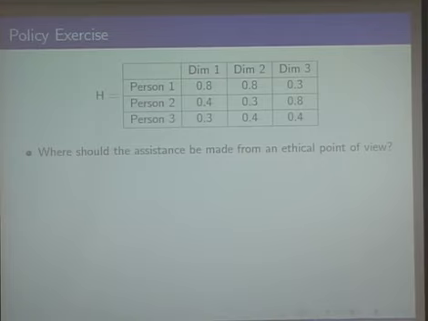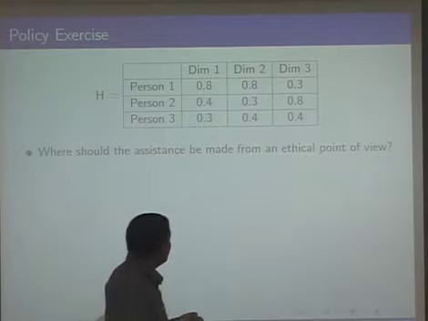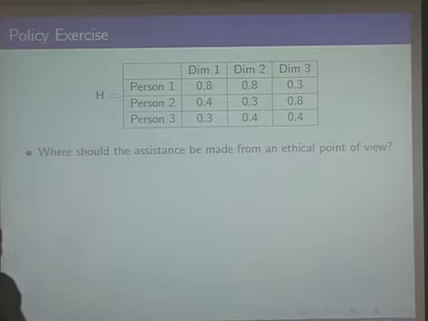Suppose dimensions are highly substitutable. That means if you have more in one dimension, you can compensate with the other dimension. In that sense, ethically, yes? If it's the case of person 3. Exactly. Okay? So these two methods actually fail to take that into account. So when dimensions are substitutes, what does that intuitively mean?